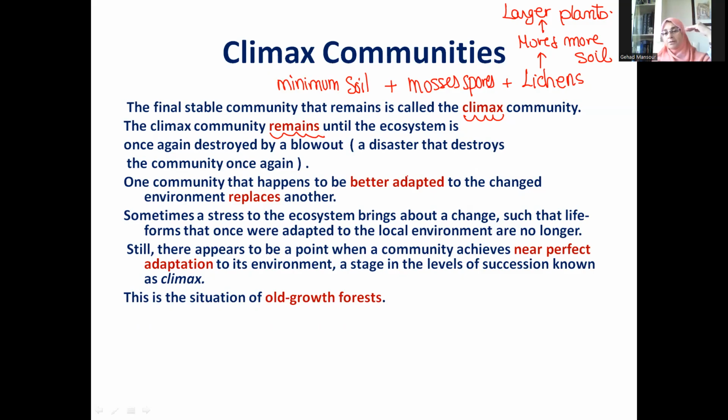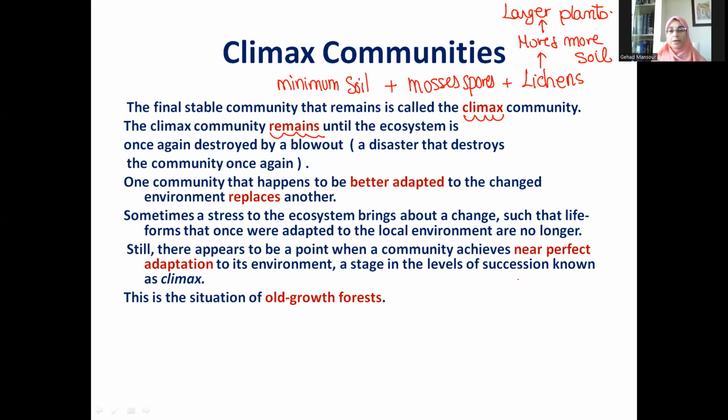And that climax community might persist for years and years until a new disaster comes and erodes the whole place, the whole organisms, and we start rebuilding again.